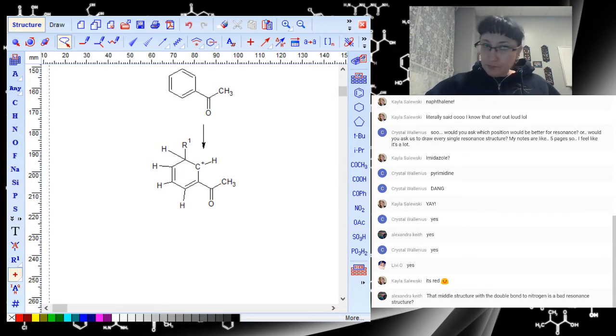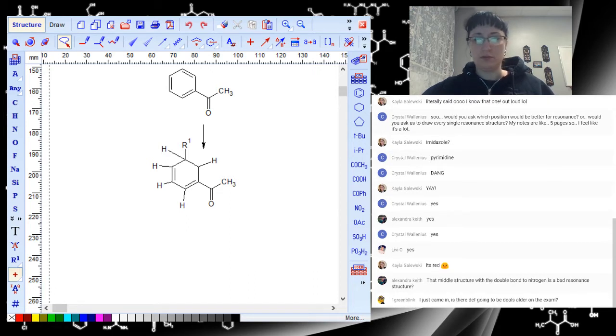Excuse me. And so if I was looking at this, I could have a resonance structure that is going to, oh, I put it in the wrong spot. Did I put it in the wrong spot? Yes, there will be Diels-Alder on the exam. That's a possibility for sure. I'm not telling you exactly what's on the exam.